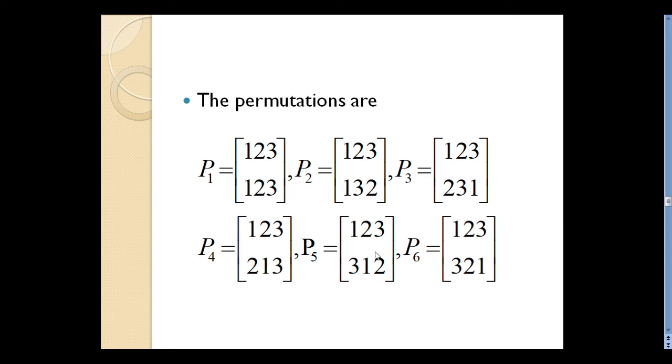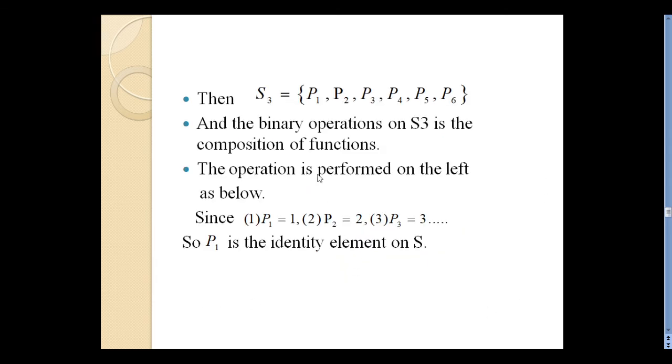There are totally 6 forms we can write: 1, 2, 3; 1, 3, 2; 2, 3, 1; 3, 1, 2; 3, 2, 1. So we get 6 permutations. Then S3 has 6 permutations P1, P2, P3, P4, P5, P6.